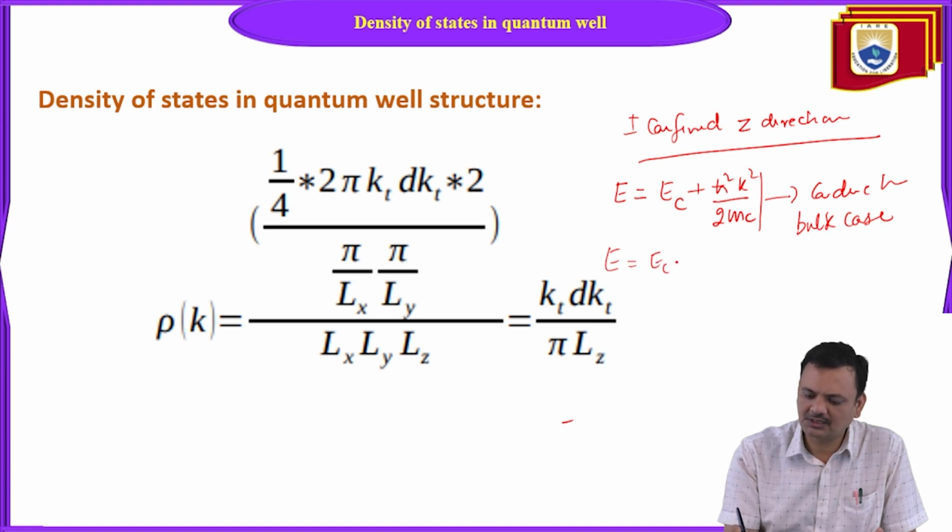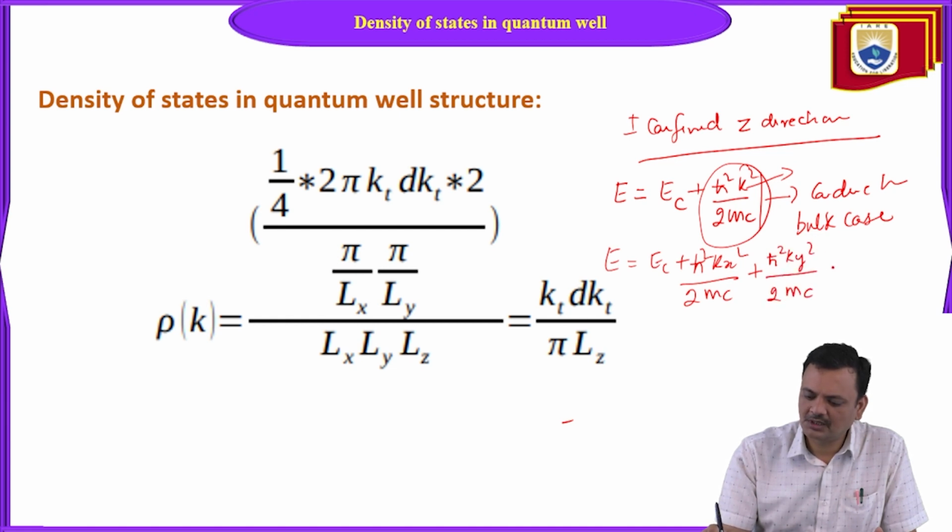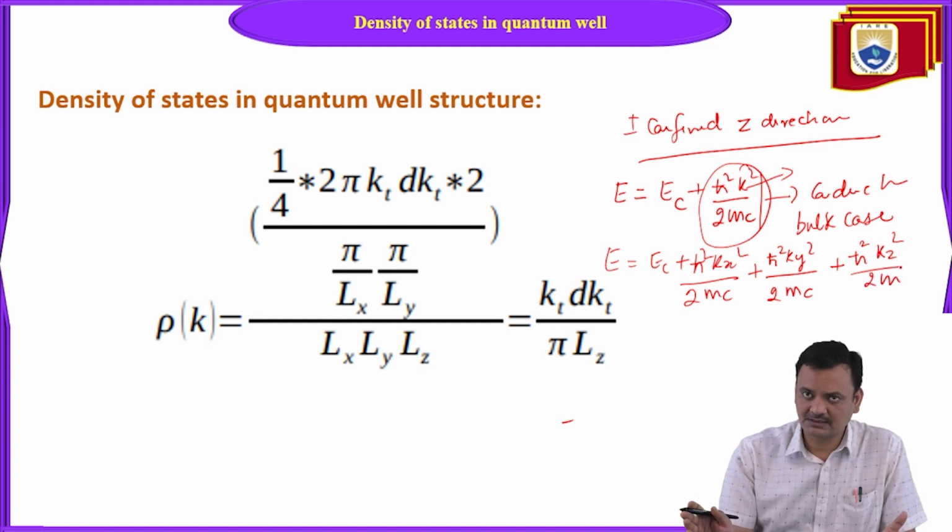E is equal to EC plus h cross square kx square upon 2 mc, where mc is the effective mass of the electron, plus h cross square ky square upon 2 mc plus h cross square kz square upon 2 mc. Where will the value change? Here, in the x and y components. The kz component stays constant.